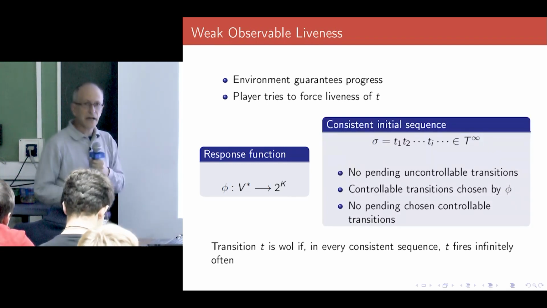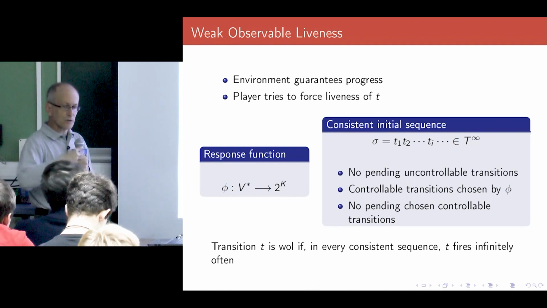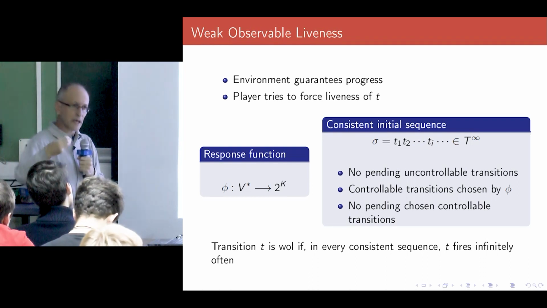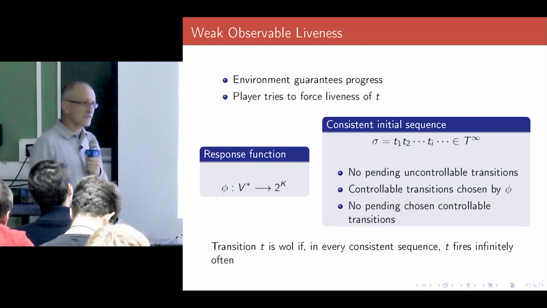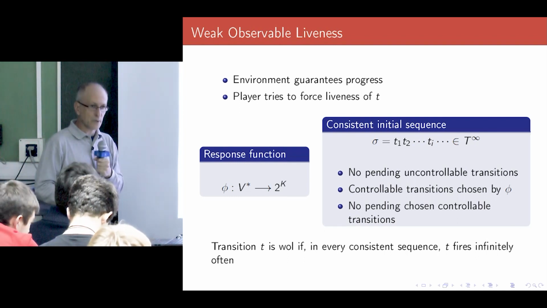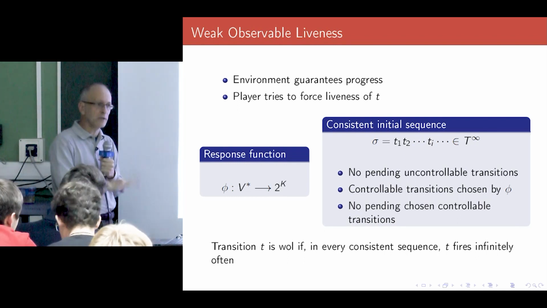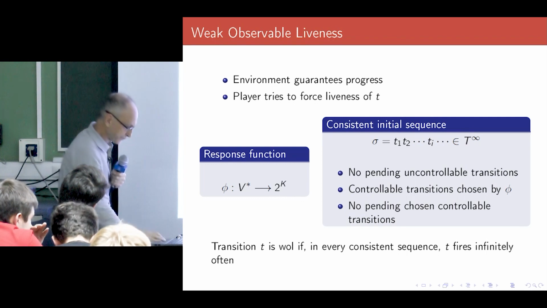And then we can define when a full sequence of transitions that happened in the model is consistent with a response function. It's very similar to what we discussed about a compliant play with respect to a strategy.